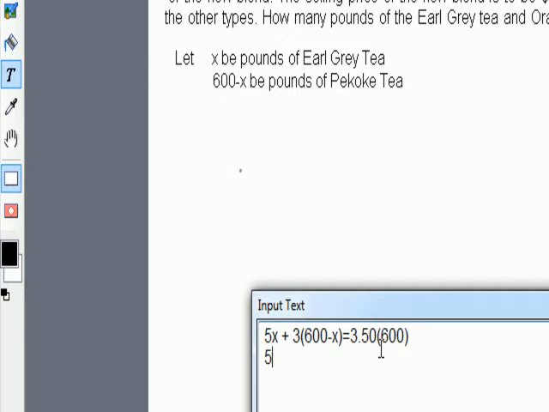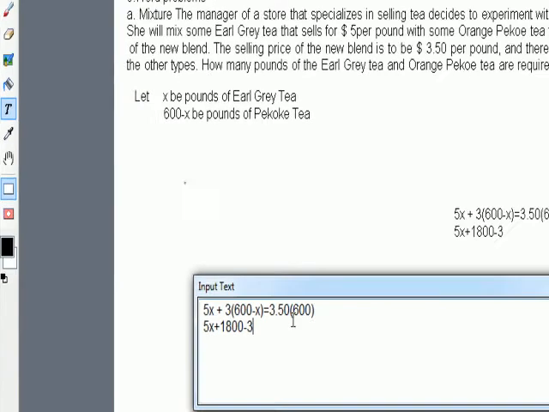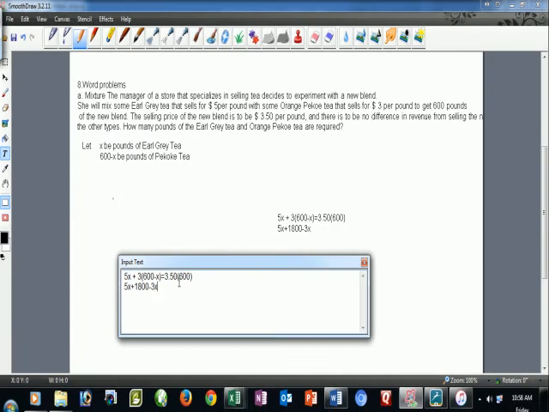Now when you distribute that, you get 5x plus 1800 minus 3x, right, equals, what's 3.5 times 600? That's 2100. Now ask yourself, what kind of equation is this? It's linear, so what do we do? Letters left, numbers right.